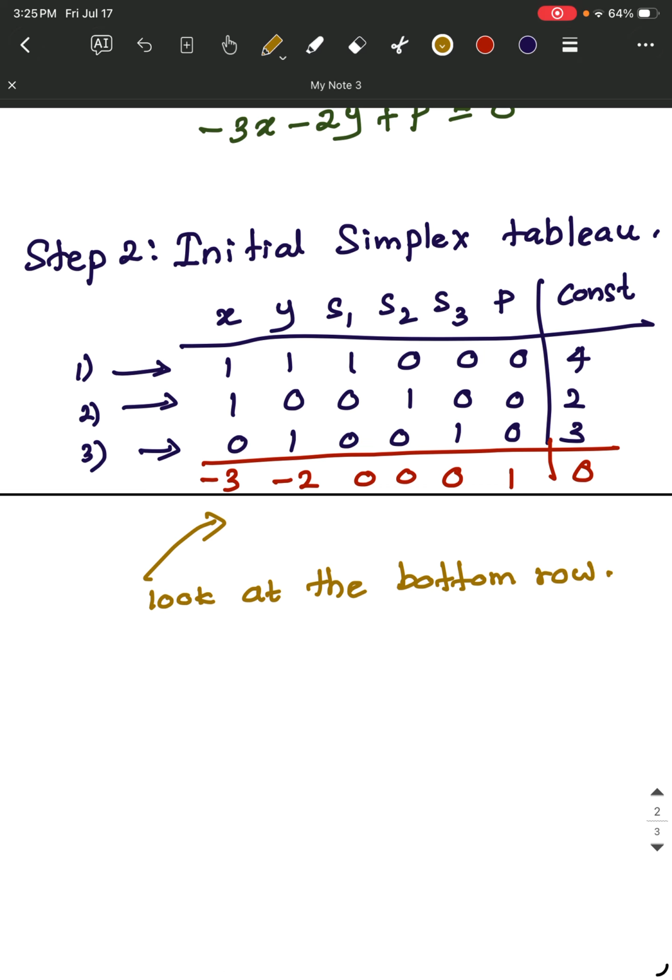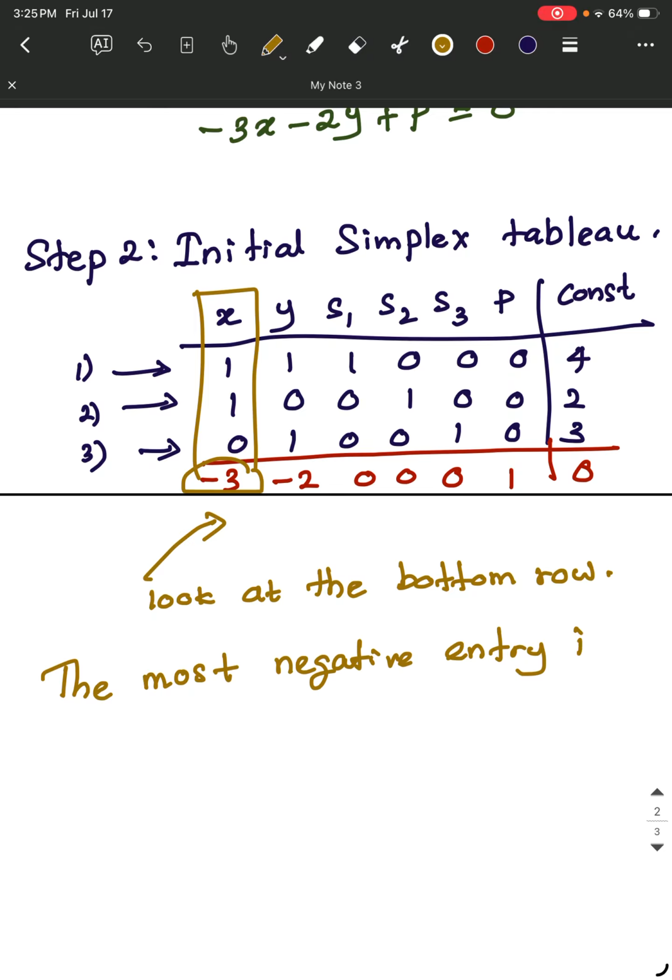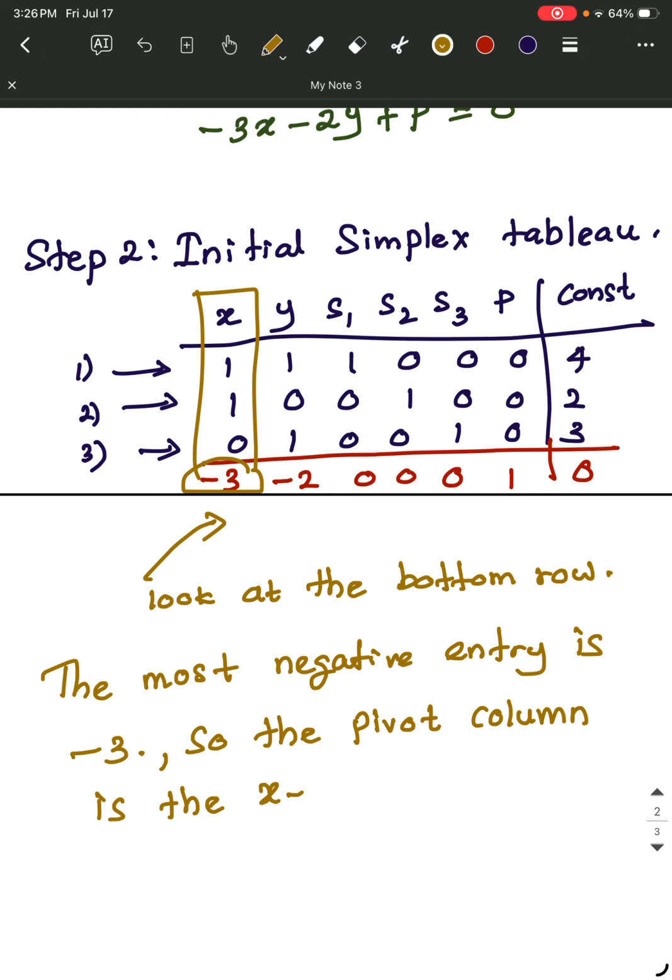The most negative entry is -3, right? So the pivot column is the x column.